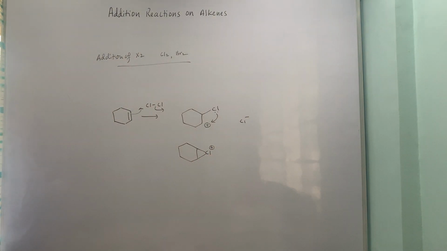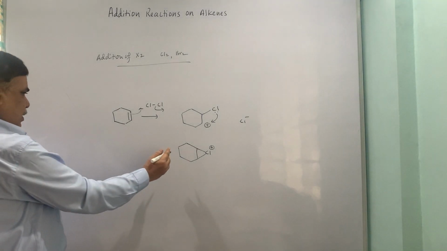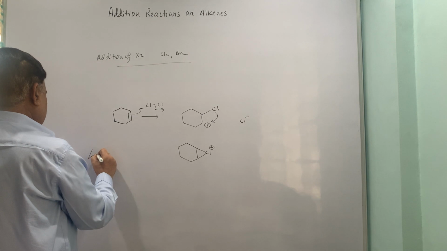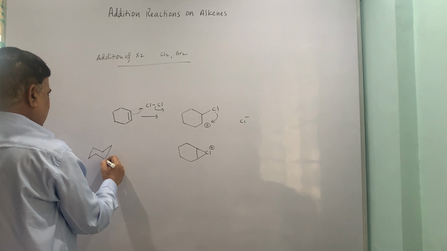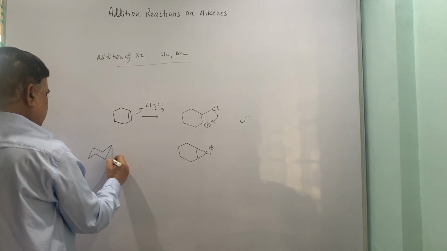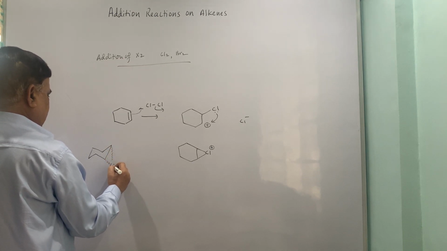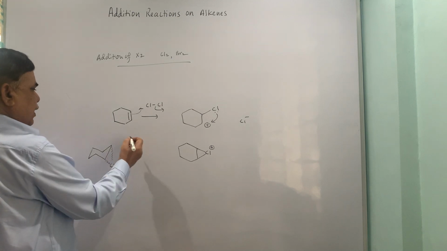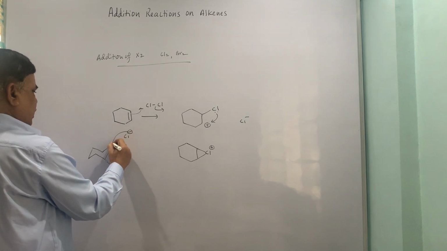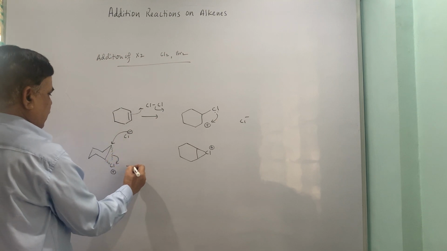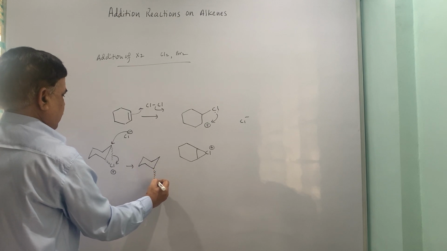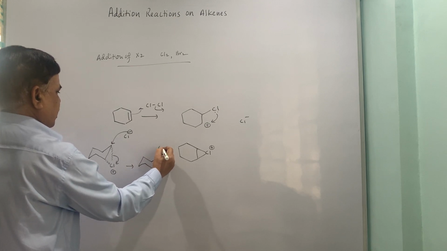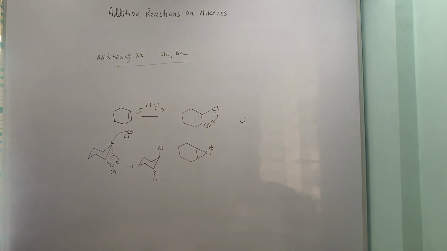All these halogenation reactions proceed through a cyclic halonium ion intermediate, and if you consider that this is going to be alpha, let us say Cl plus, then the attack of other Cl minus, which is the nucleophile in the system, you will end up with trans dichloride.